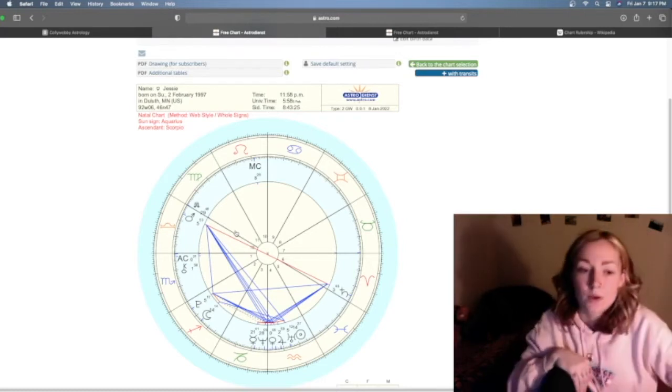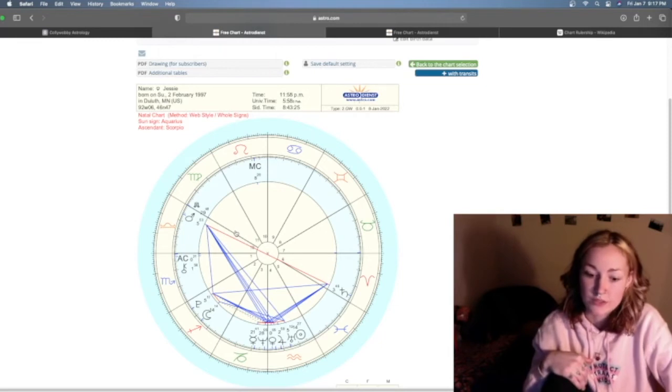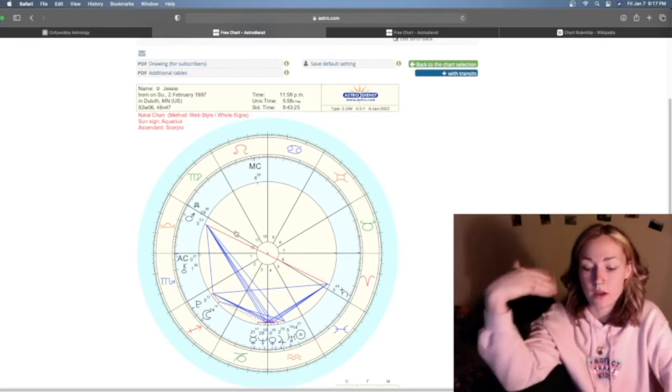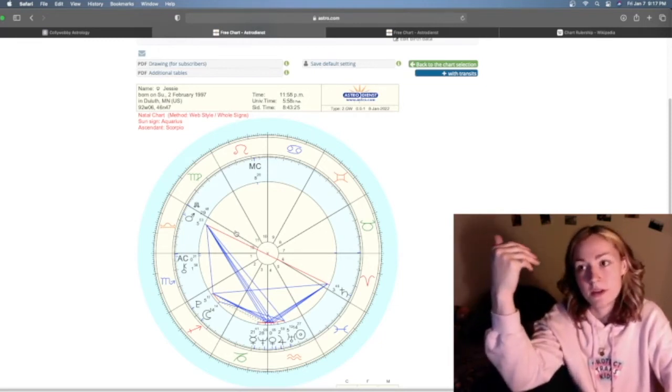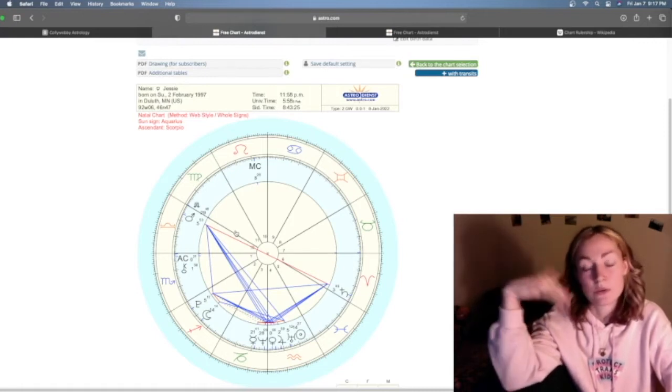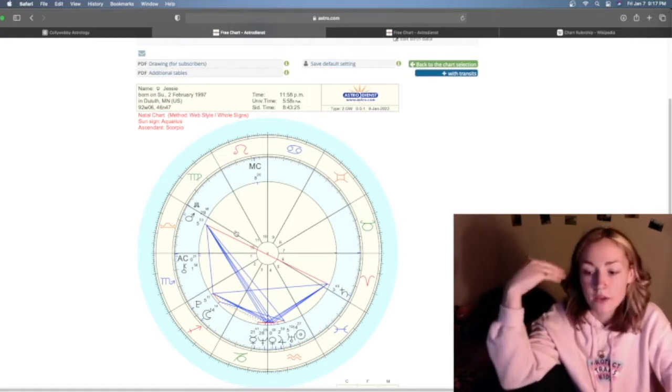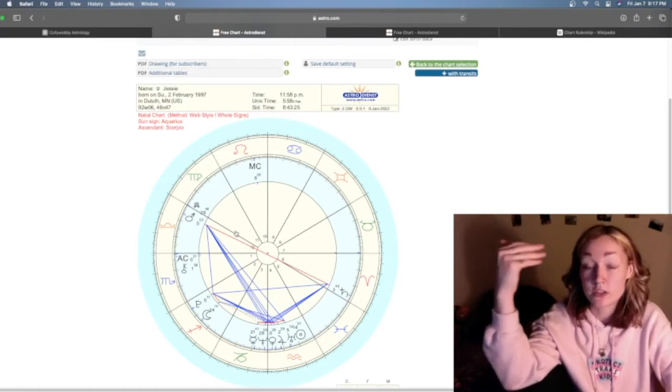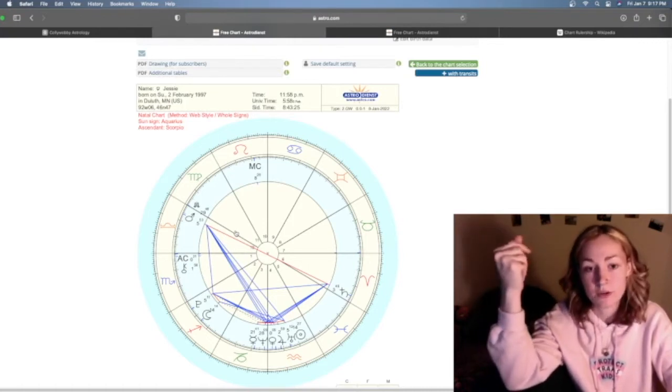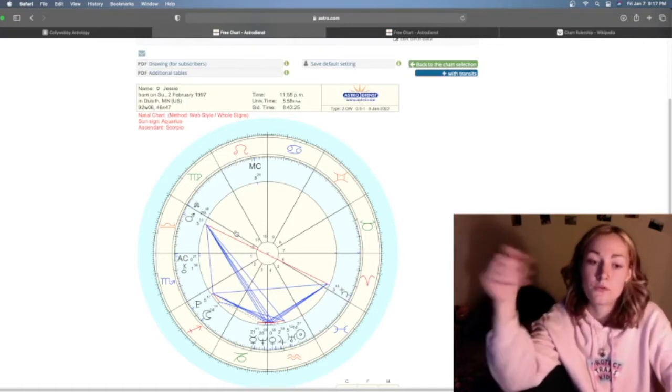Having Mars in your 12th house as your ruling planet really shows that understanding what's going on beneath the surface for you is essential to how you show up to the world. Like having a really good connection to your intuition, which is a 12th house keyword, is crucial for your well-being.